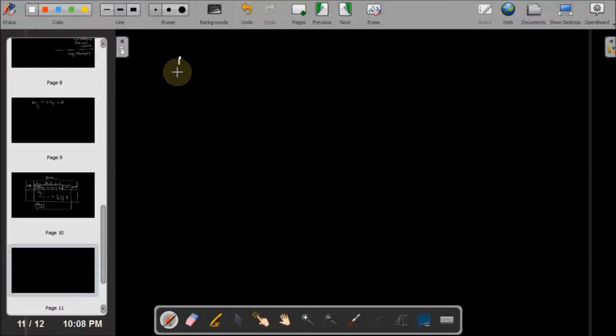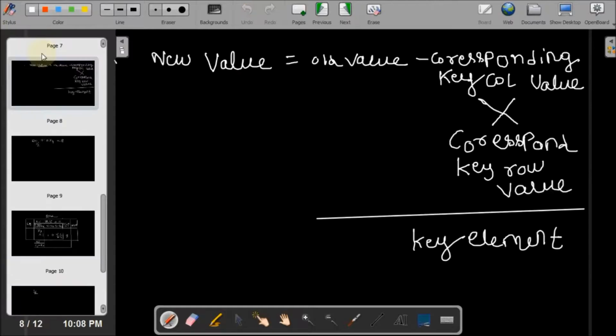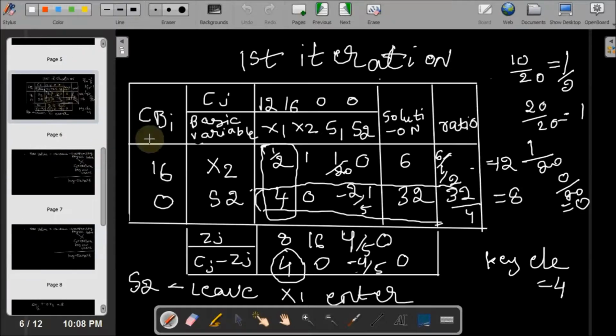So 1 by 2. Next, what is the formula? Corresponding old value minus corresponding key column value. So what is the key column value here? Sorry, the key column value is 1 by 2 only, because the key column value is the same.